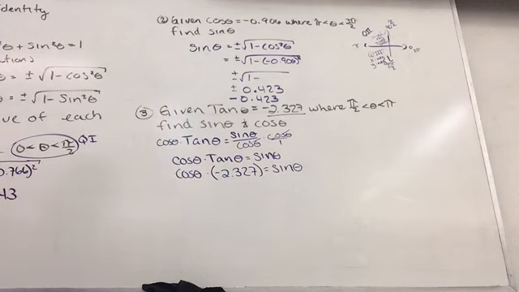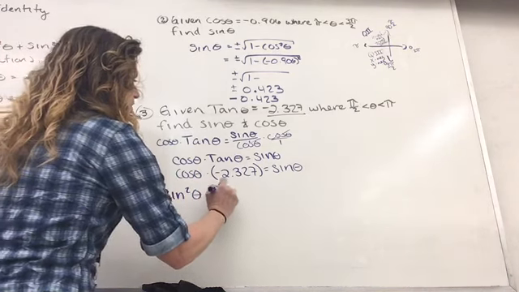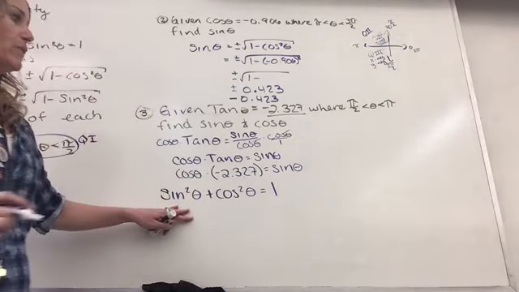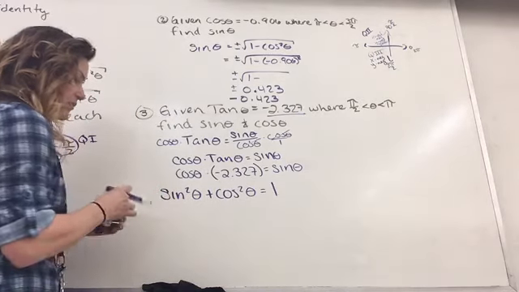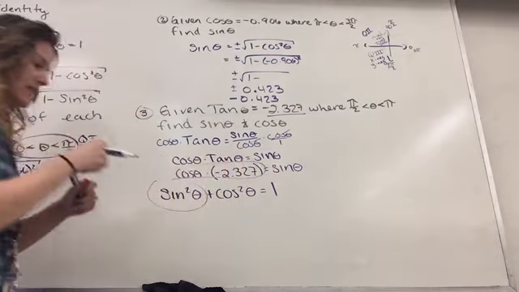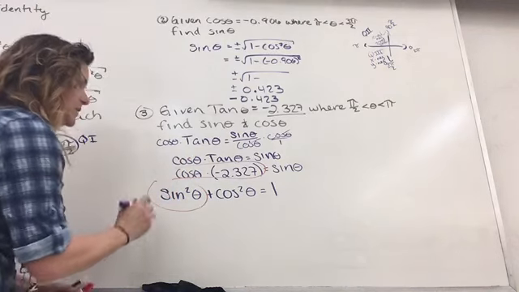Now, using my Pythagorean identity, cosine squared theta plus sine squared theta equals 1, I'm going to do some substitutions. Well, I'm going to replace this sine squared theta with this mess, and I have to square it. So here's what we get.